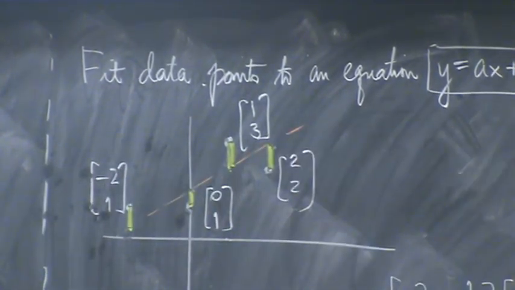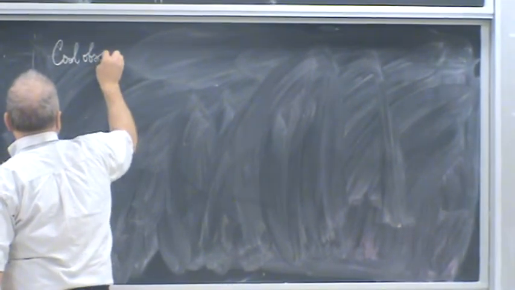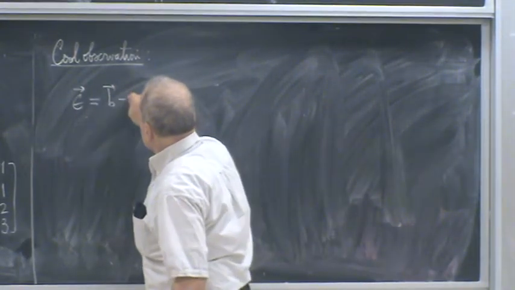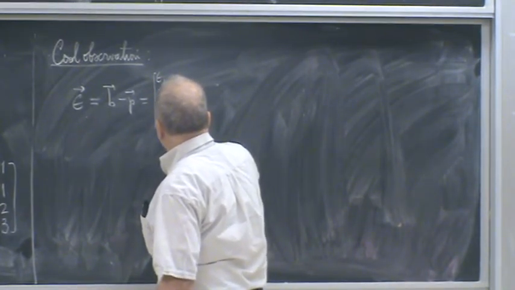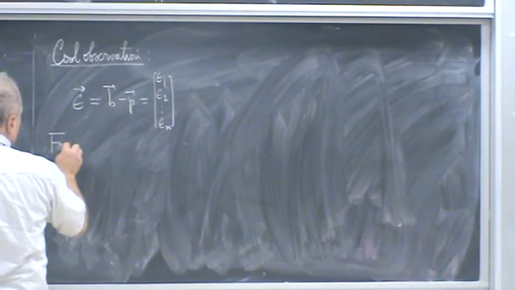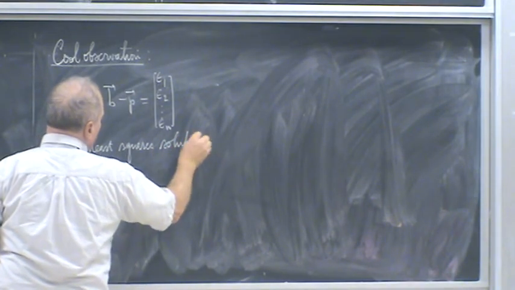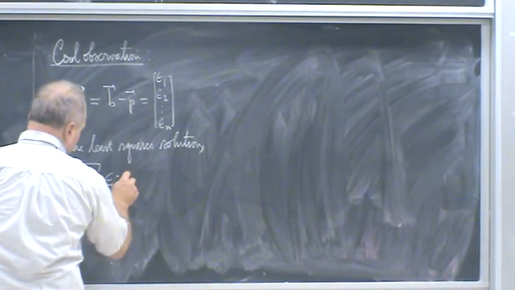So, cool observation here. When you do the data fit, if you look at the error vector, which is b minus p, and you think of it as a vector with components, I'm claiming that for the least squares solution, this is one thing you can check when you draw the picture and eyeball it: do those actually add up algebraically to 0?